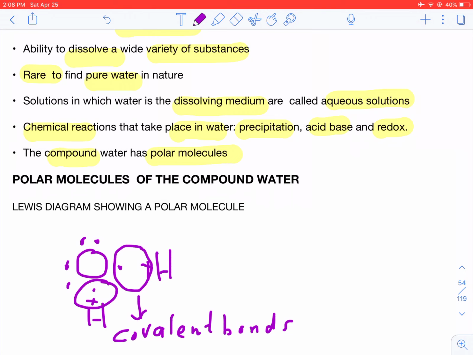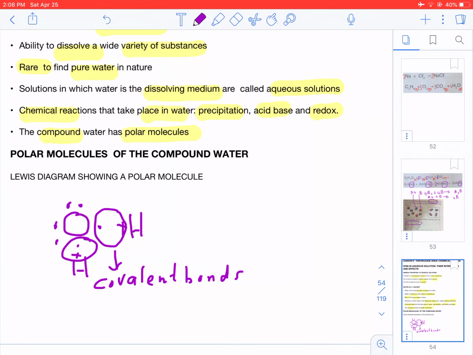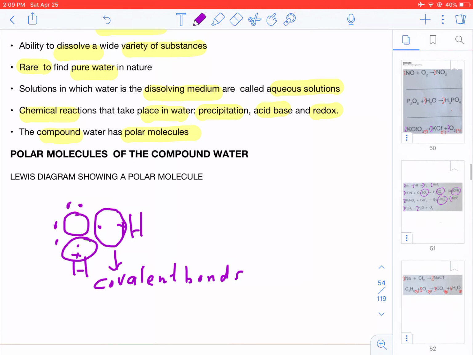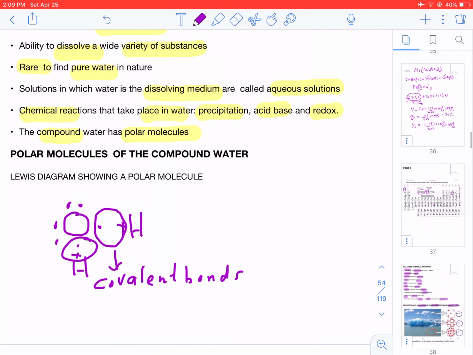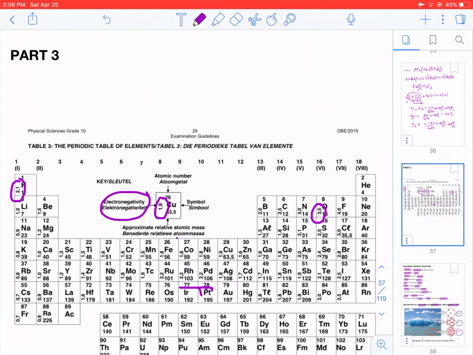There are various scales, but we'll look at one scale here, and let's see the electronegativity of hydrogen and oxygen.